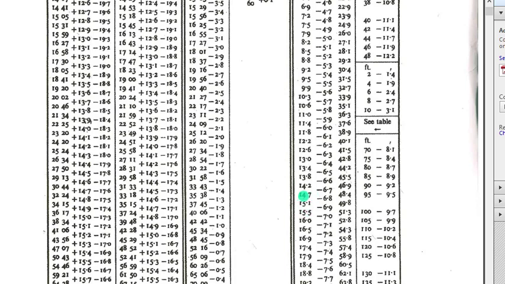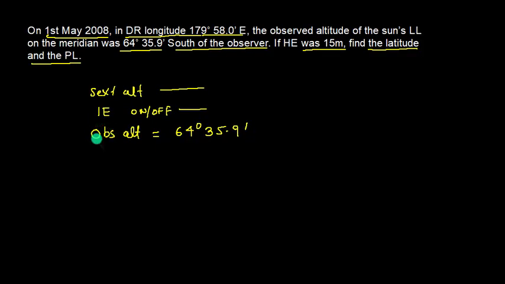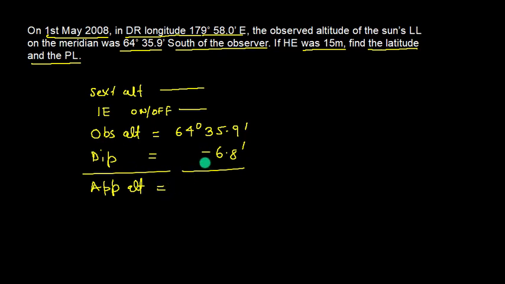Between 14.7 and 15.1, I have this value as 6.8. So that is the dip correction, and this is minus 6.8. So I get apparent altitude, and this apparent altitude is 64 degrees 29.1 minutes. Then we need to have total correction.